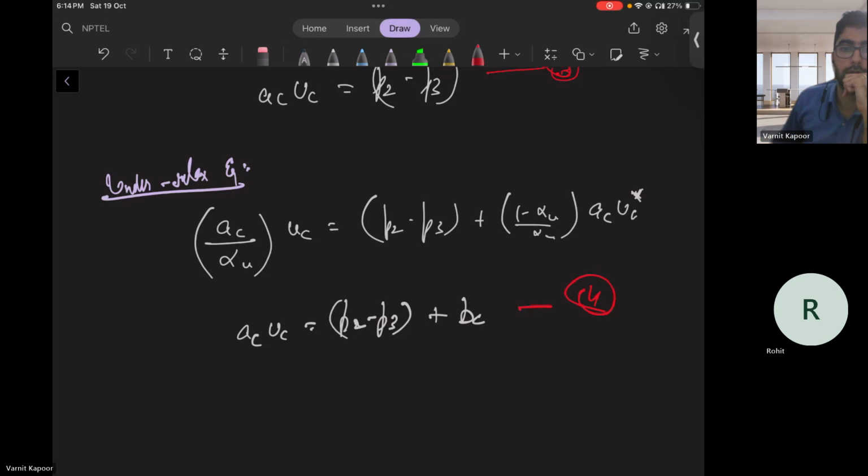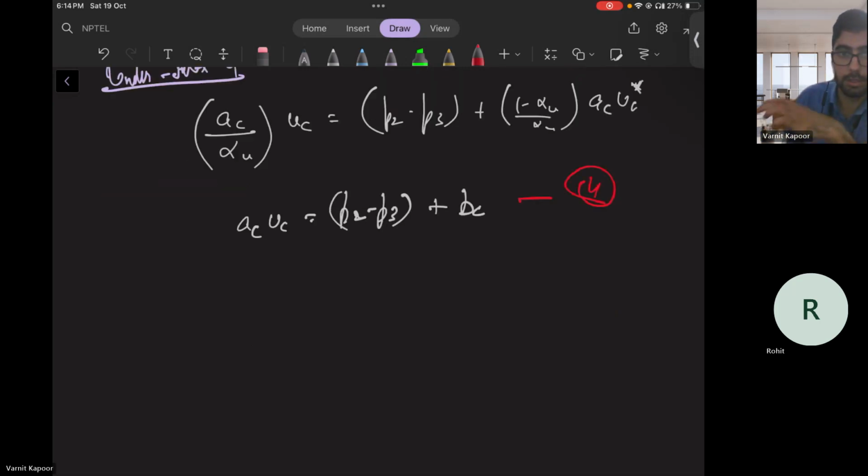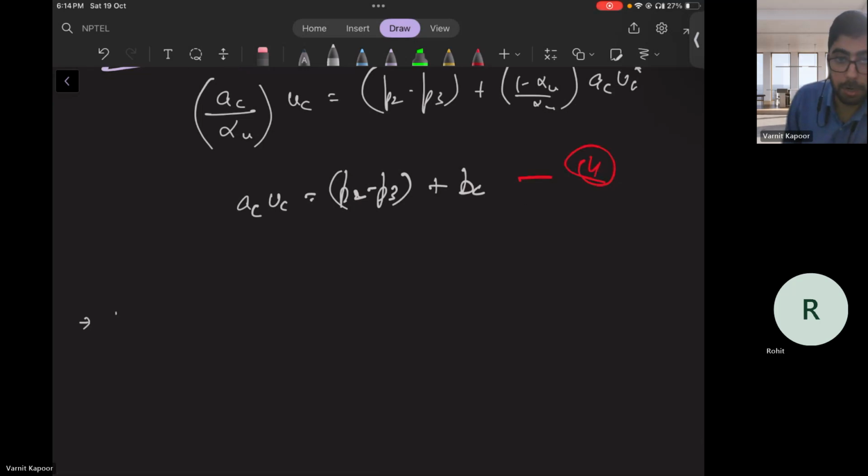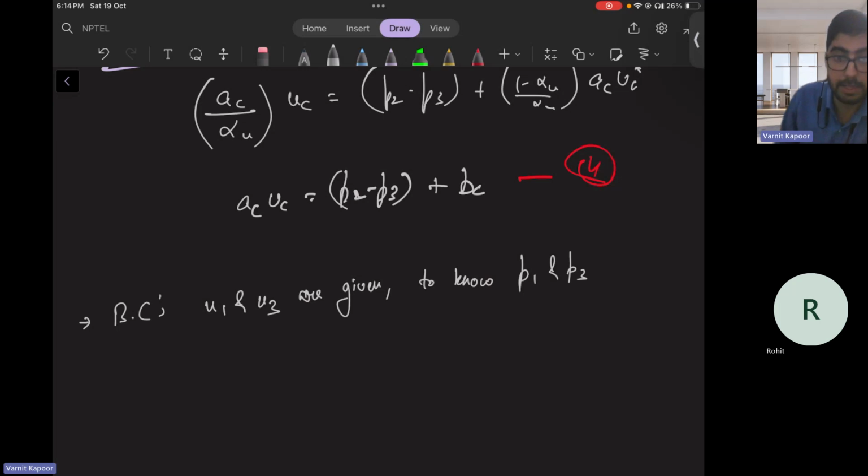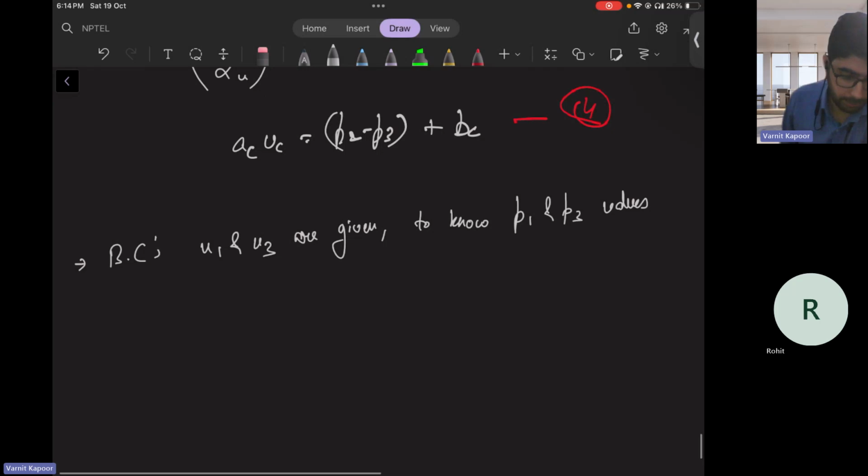So right here, the boundary conditions U1 and U3 are given. To know P1 and P3 values, we need relevant equations.